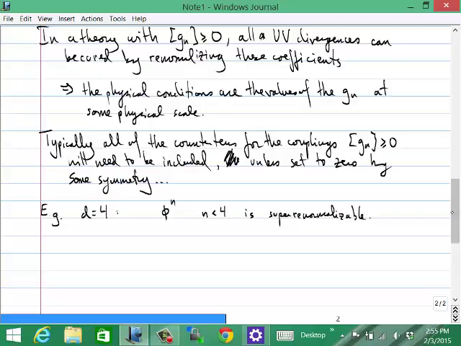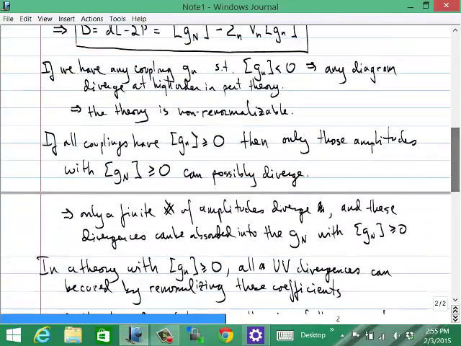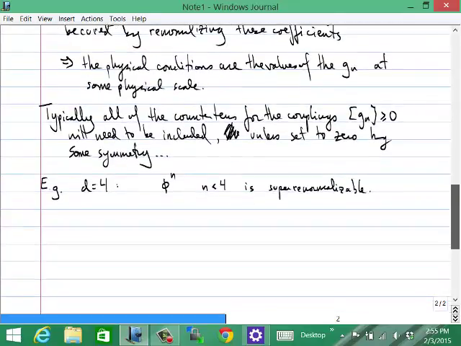So in particular, let's stare at this formula up here for a second. So in this case, if you have a G_n phi^n, here the dimension of G_n, well, what was it? It was d minus n times d minus 2 over 2. So here n is equal to 4, d is equal to 4, so that's going to be 0. I did that correctly. Because 4 is equal to 4.